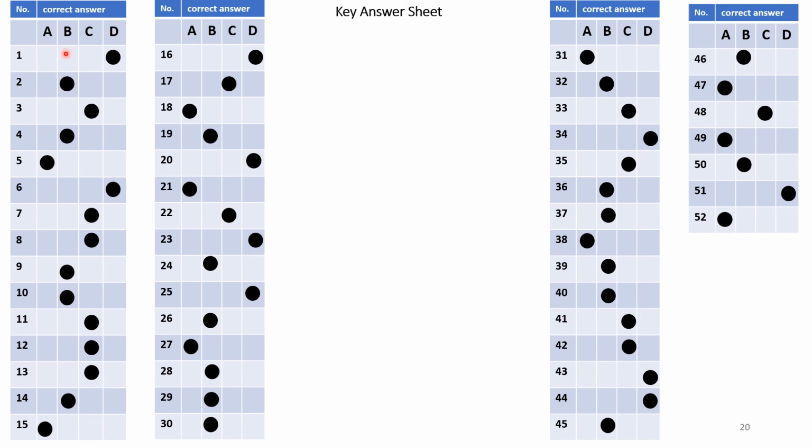Say for example, for question number 1, your option is D. So you have to mark the circle with blue or black ballpoint ink here. So this will be recorded as your option. Okay, correct answer you have to mark. This is the question number and these are the 4 options. So you have to mark again the correct answer. So all the 52 questions discussed in this chapter are marked here. Please go through it and revise it.